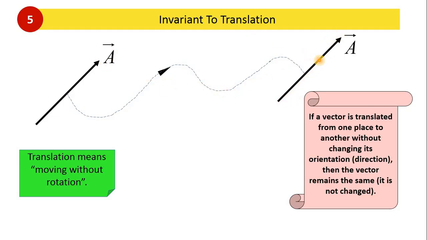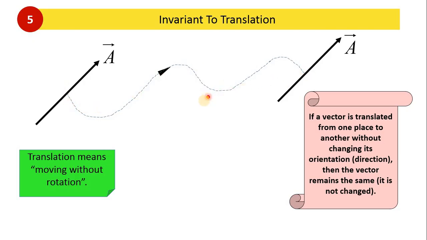After reaching this new place, did this vector get changed? Are this vector and this vector different vectors or the same vector? So now as you can see, according to the definition of equal vectors, two vectors are said to be equal when they have same magnitude and same direction. Now we translated the vector from one place to another.